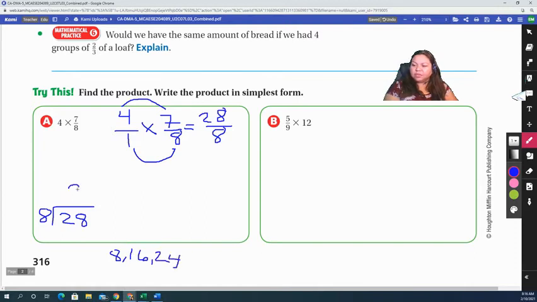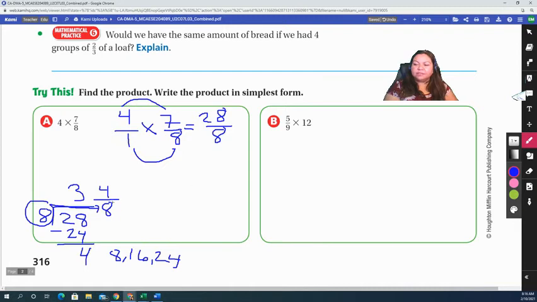So that means that it goes in 3 times. And I subtract. So 28 minus 24 is 4. So I have 4 left over. I'm not going to write remainder. I'm just going to make it into a fraction. So remember that this is my denominator that I will put here. So that's 3 and 4/8.